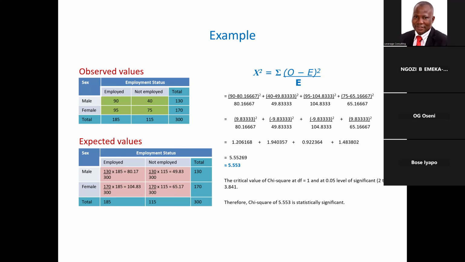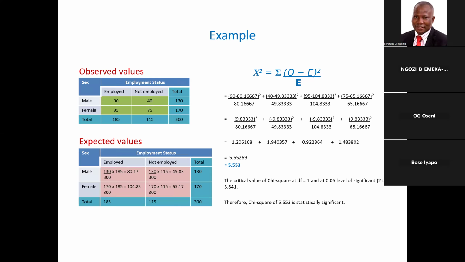We want to know, if actually there's no difference between male and female, what should be the value inside those green areas? If the employment status is exactly the same for male and female, we should know that there are 300 people, 130 male, 170 female, 185 people that are employed, and 115 that are not employed.